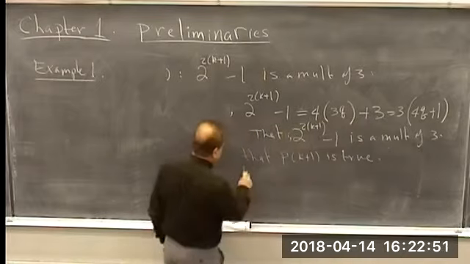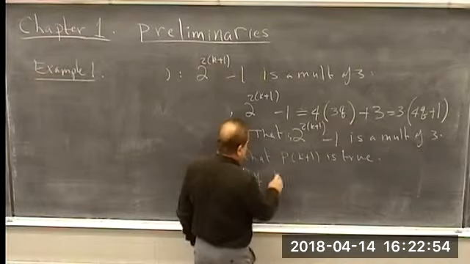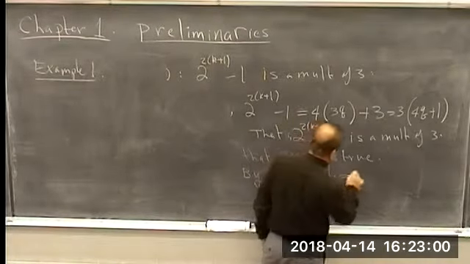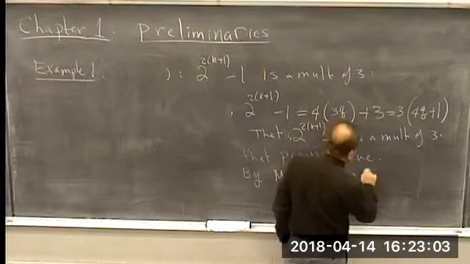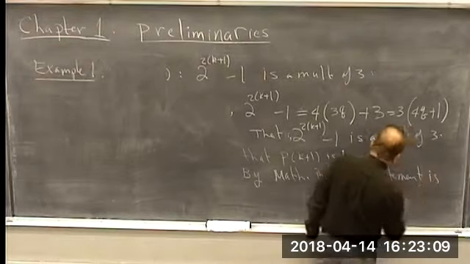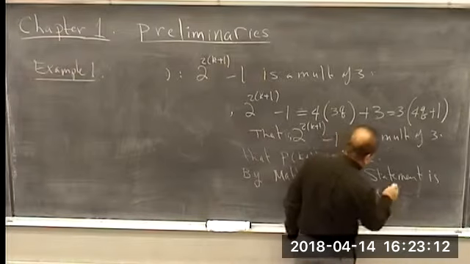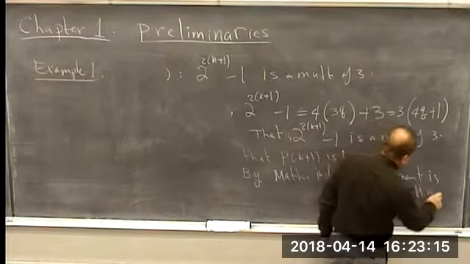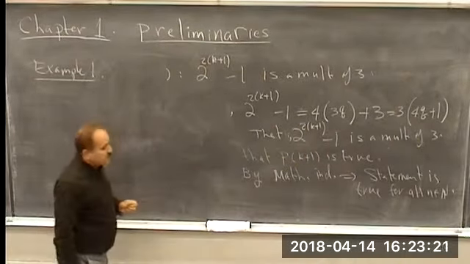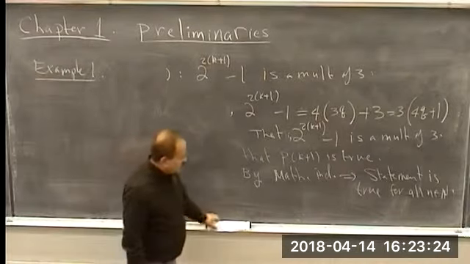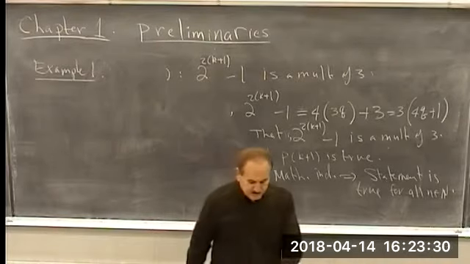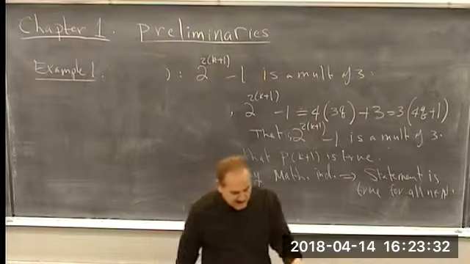So by the principle of mathematical induction, or simply by math induction, it implies that the statement is true for all n. Of course, we know what the statement is. It is 2 to the power 2n minus 1 is a multiple of 3. All right? Let's look at another example, where we're going to show an inequality.